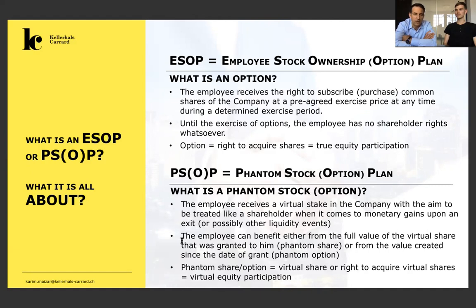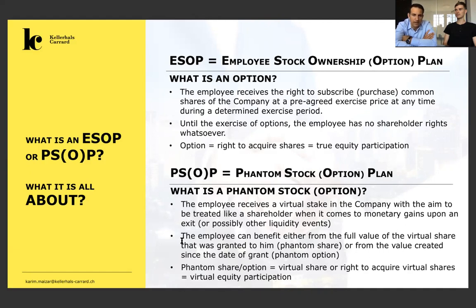So you don't have to acquire shares, but you can acquire shares, which also means that you don't get shares right from the start. It's just a right that you can exercise if you feel that you want to exercise it.